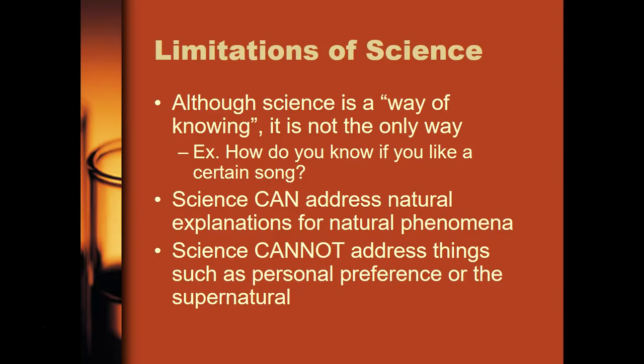So I can't use science truly to address things like personal preference. There's no way to know for sure that somebody's favorite color is purple, other than to ask them. And that is open to subjective interpretation of their response.